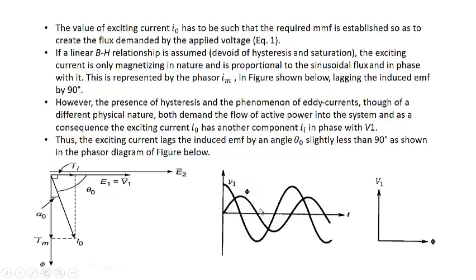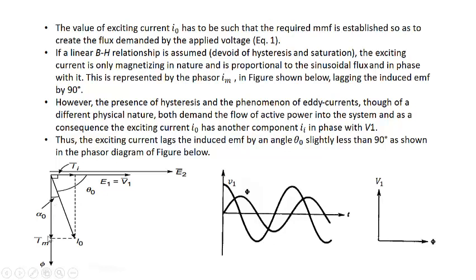You can see the variation of the flux and voltage. This flux is lagging this voltage by 90 degrees, as is shown by this phasor diagram as well. This is the same phasor diagram, because I am showing this flux diagram individually for this V1 and phi, and then here the phasor diagram is drawn by rotating this phasor 90 degrees to the right, or clockwise direction, and then by drawing this Im and II as per the requirement.